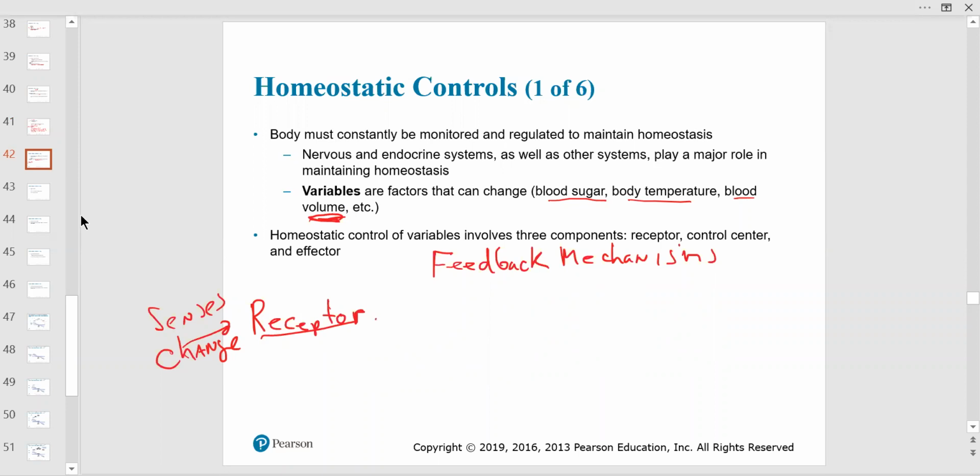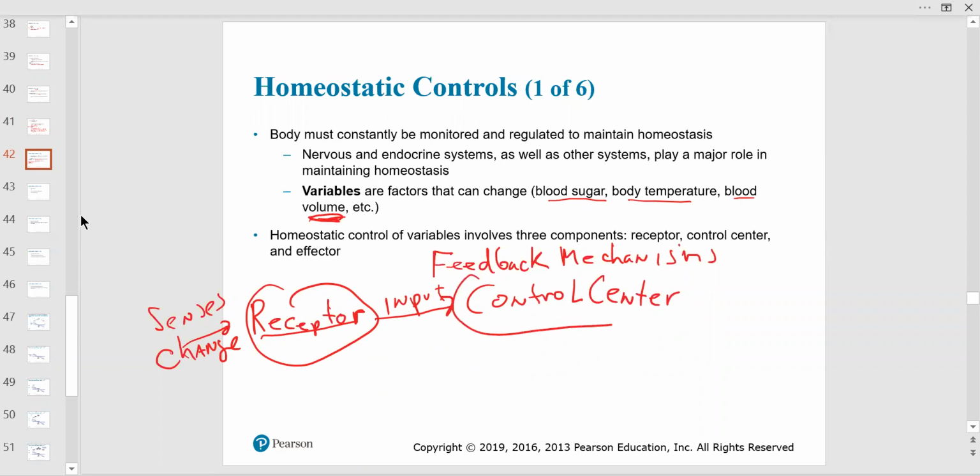And then the receptor sends an input to a control center. And 99% of the time, the control center, or the integration center, is going to be what? Anybody know? A place called the hypothalamus is really important.